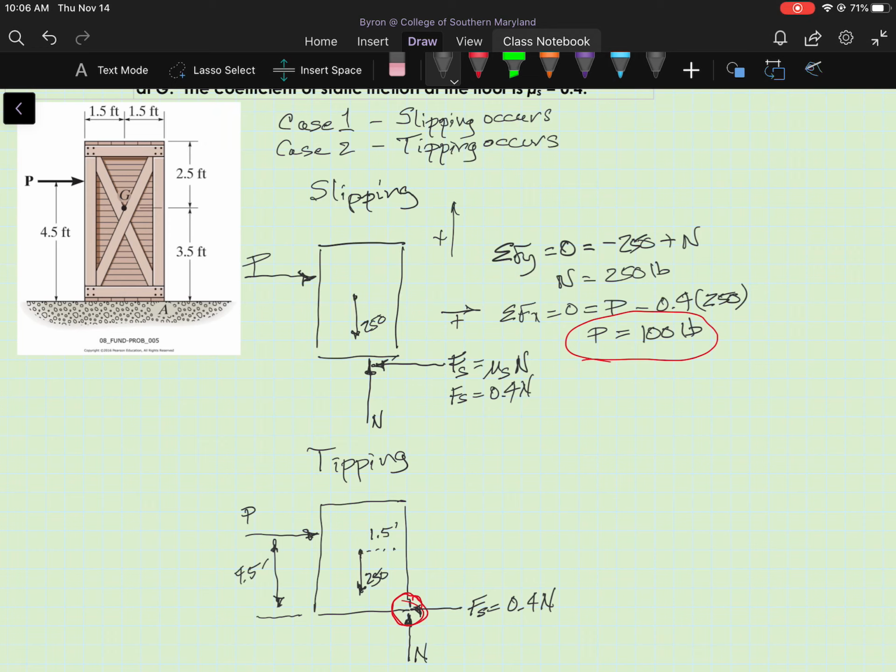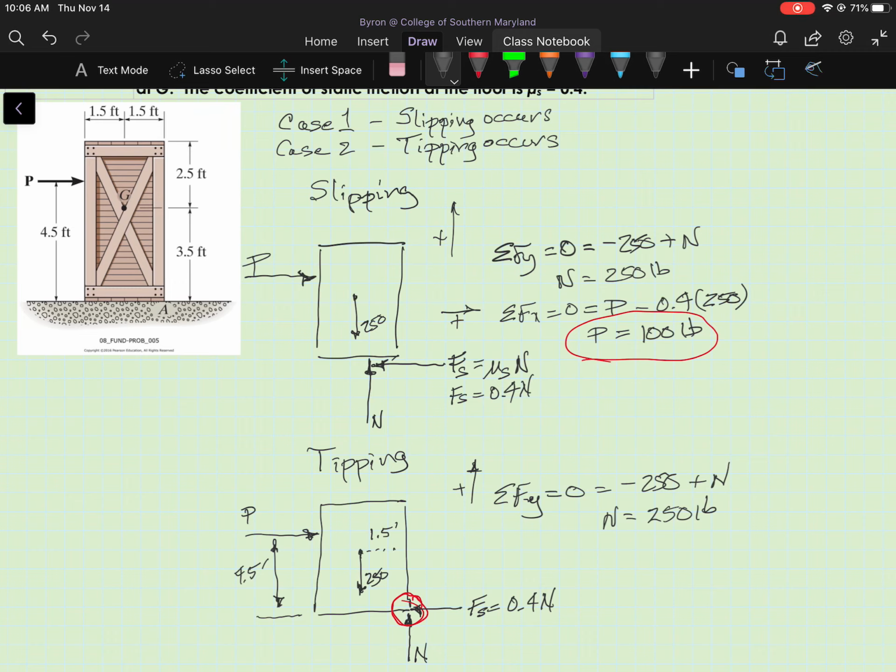So let's sum forces in the y direction. We have 250 downwards plus N. So the normal force, just like in the slipping case, is 250 pounds. Now we're not going to sum forces in the x direction.